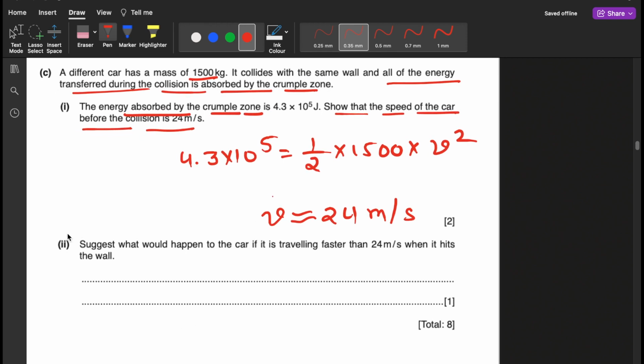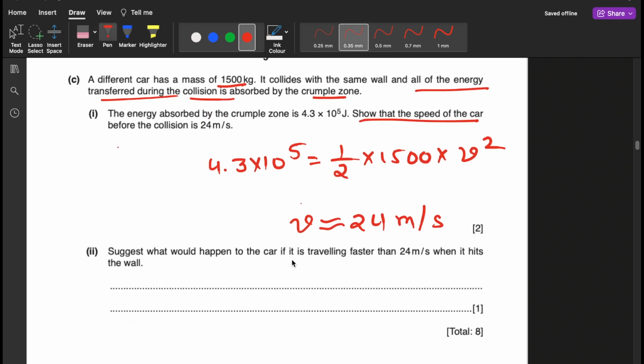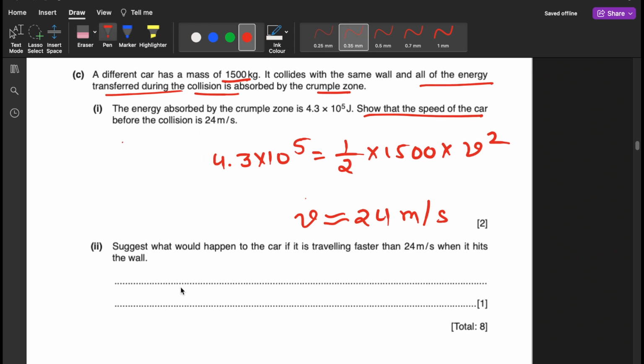Okay, so try this one. Suggest what could happen to the car if it is traveling faster than 24 meter per second. You have to show that the speed of the car before colliding is 24, approximately, which you will get in that one only.